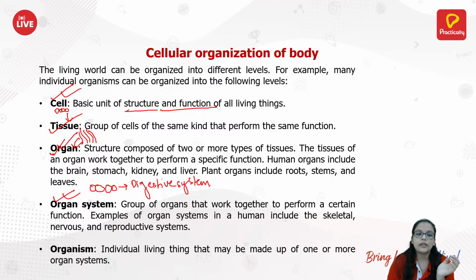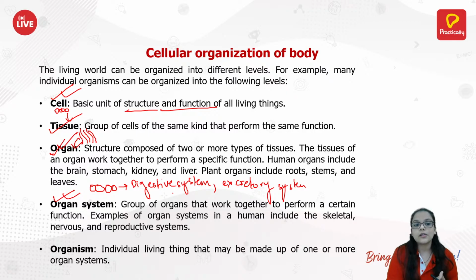Then kidneys and others make the excretory system. And when you have all the cells, tissues, organs, and organ systems, everything is there, that time you are an organism. I hope you got it. Let me see if there are any doubts.